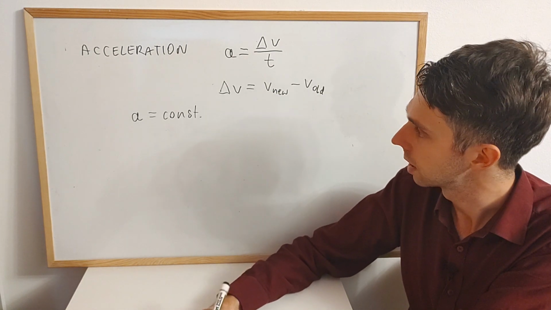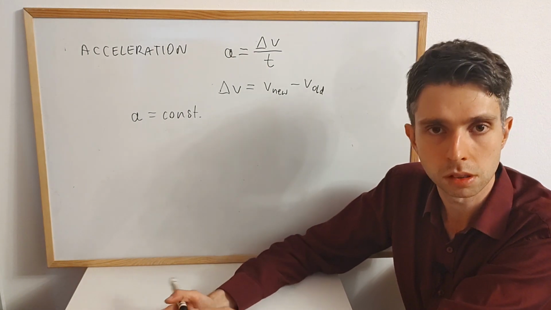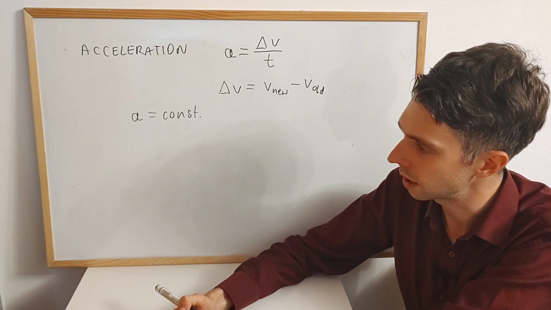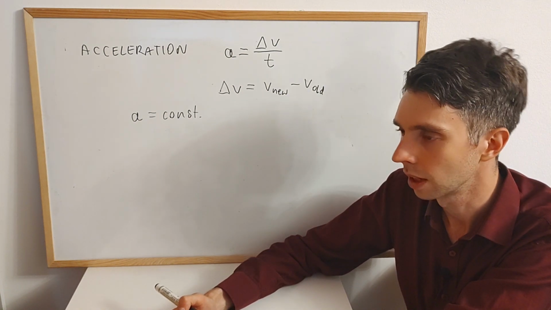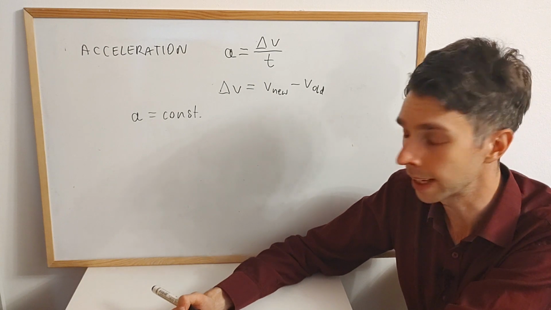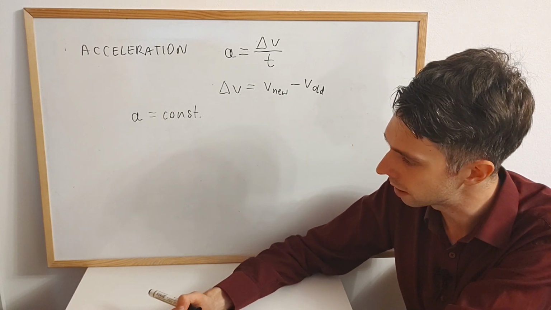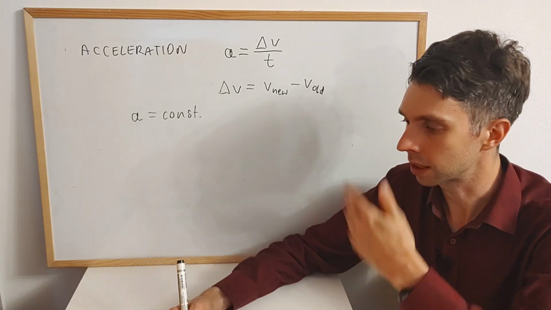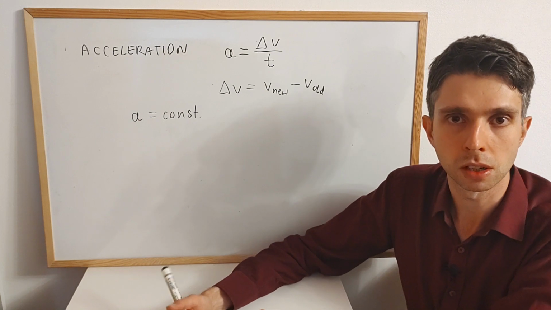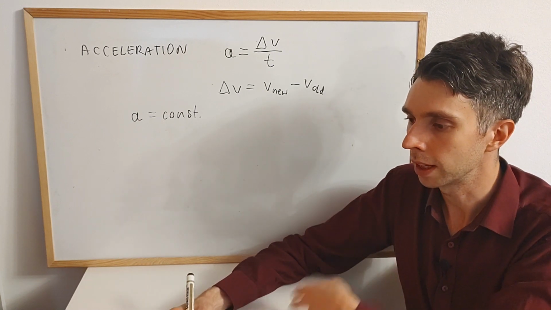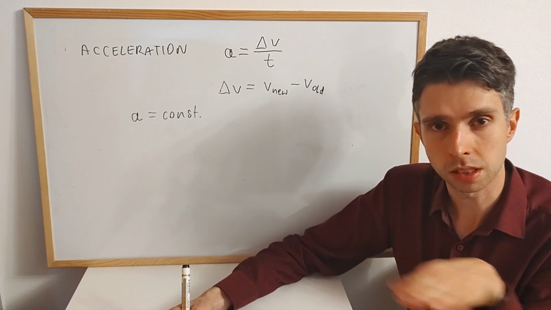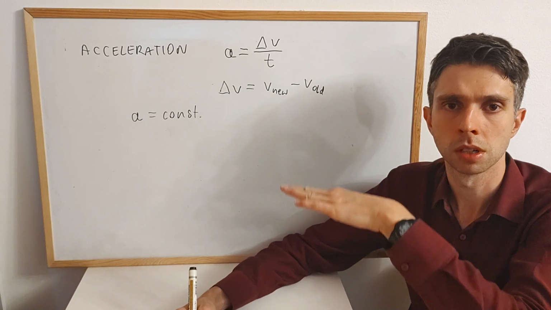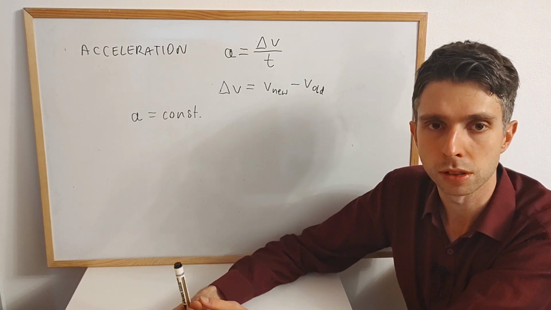Actually, often the acceleration is not constant because, for example, if you start driving your car or bicycle or electric scooter, you know that initially it's easy to accelerate by, say, 20 kilometers per hour, but when you get closer to the maximum speed of the vehicle, it takes more and more time to increase your speed.